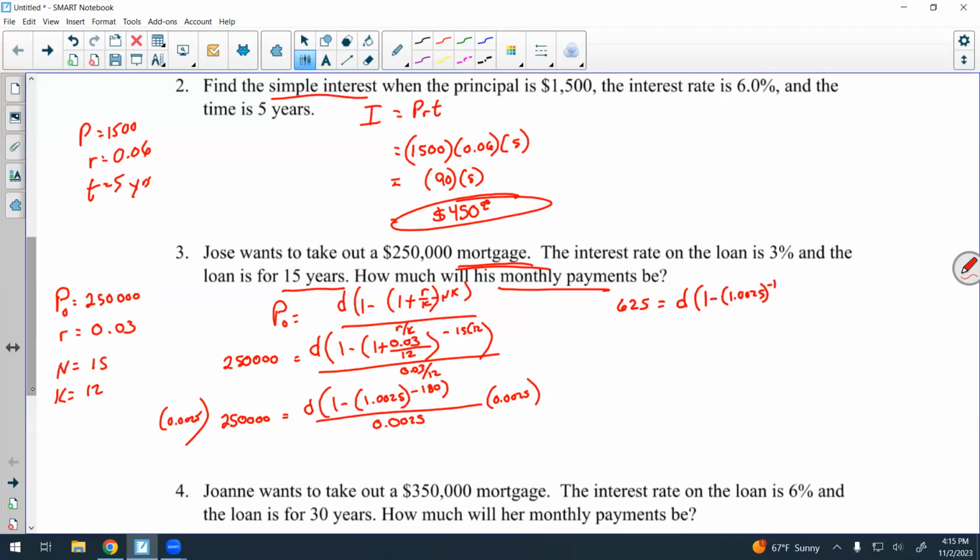And D times 1 minus 1.0025 to the negative 180th power. That gives me 0.6380.